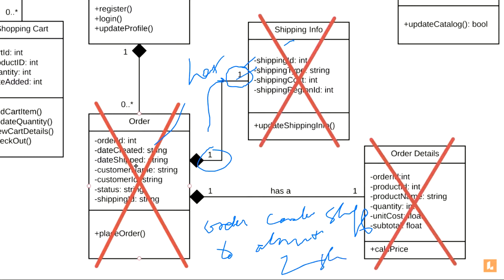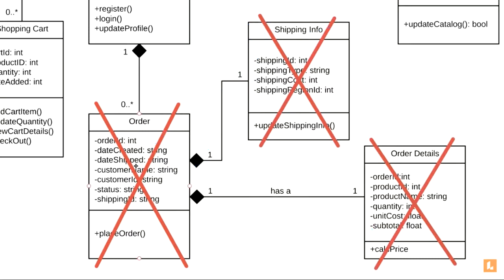So you will write the multiplicity here. What multiplicity will you write for at most 2? 0..2. Yes, good. You will write 0..2. Now how will you read this 0..2? You will reach here. Order has 0, 1 or maximum 2 shipping infos. Clear everyone?